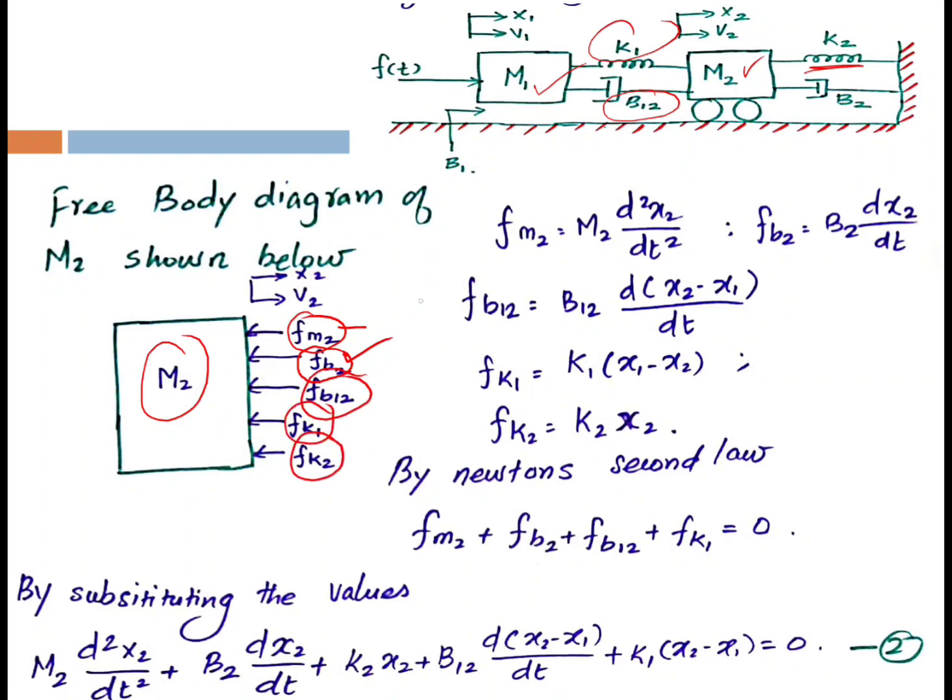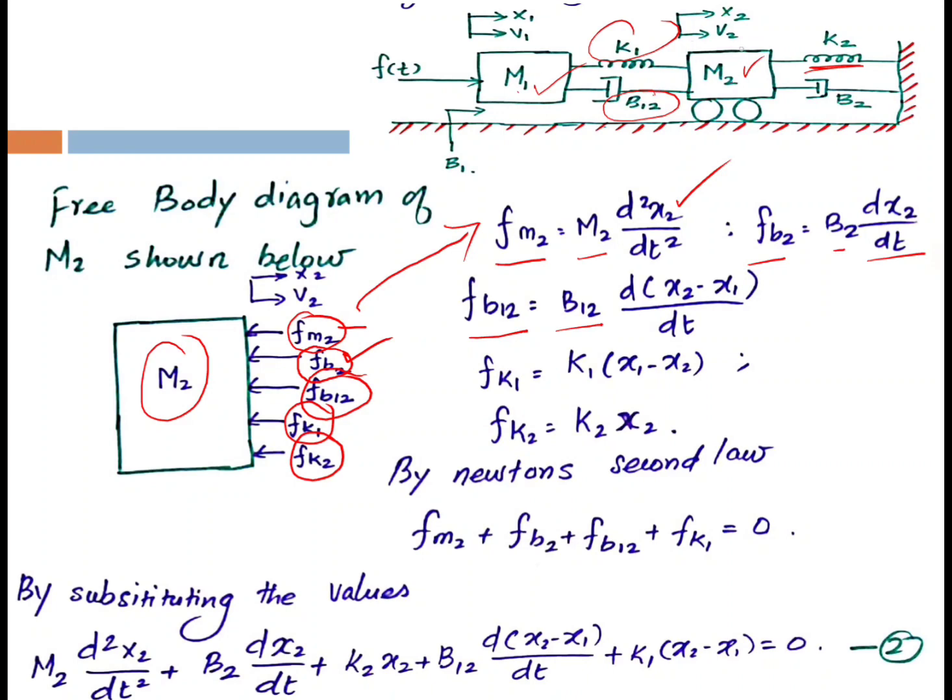Now the equations related to all these opposing forces are given here. So Fm2 is equal to m2 into d square x2 by dt square. Here x2 is the displacement related to mass element m2, and Fb2 is equal to b2 into dx2 by dt. Fb12 is equal to b12 into d of x2 minus x1, because this B12 is common to M2 and M1.